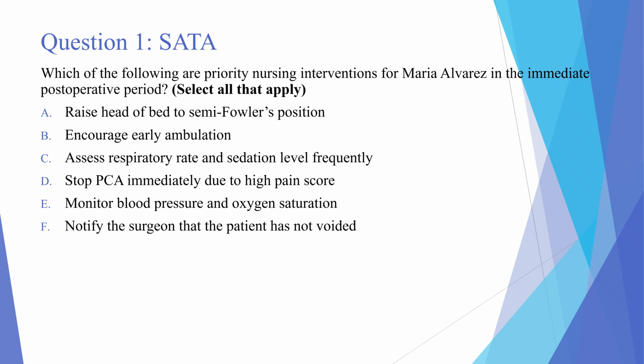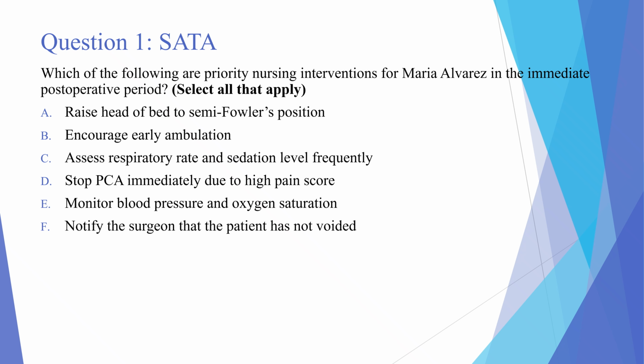Select all that apply question. Which of the following are priority nursing interventions? Nursing interventions again, you will know more in detail if you open the book under nursing management, where they have assessment, intervention, action, teaching.